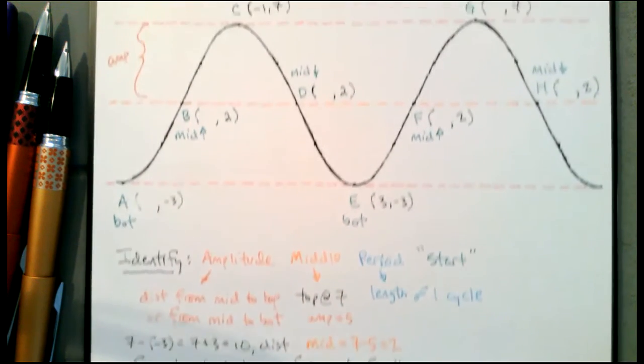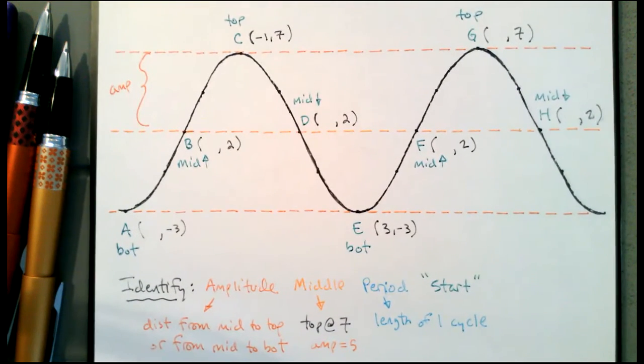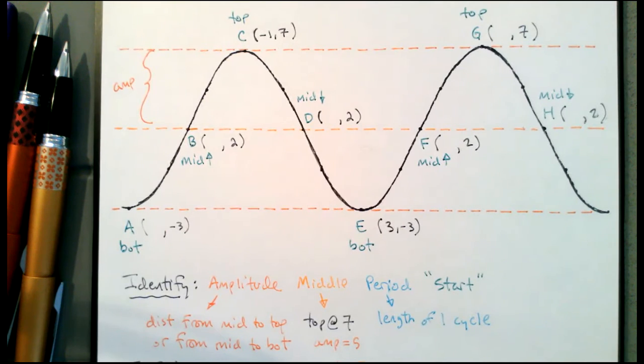What we have is the change in x from the top to the bottom. And that's only half of a cycle. So right now we have half of the cycle because we have a top and the bottom.